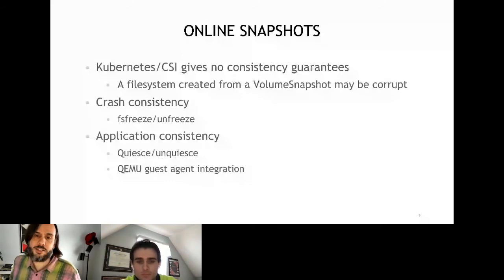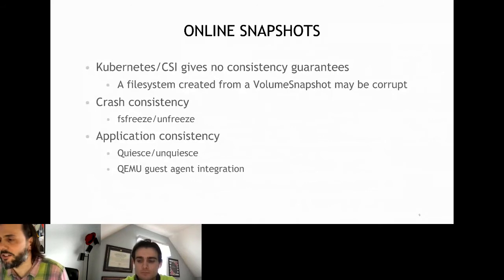So one thing to consider is that Kubernetes/CSI gives no consistency guarantees. So you can create a volume snapshot at any time, but there's no guarantee that the snapshot is going to be useful at some time in the future. You may have just snapshotted at a time when your file system is in a state where it couldn't be restored.